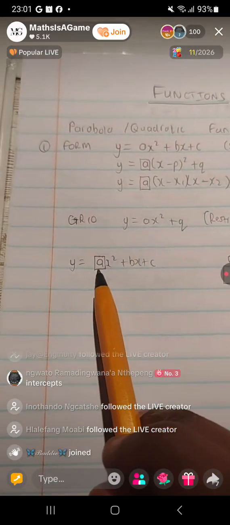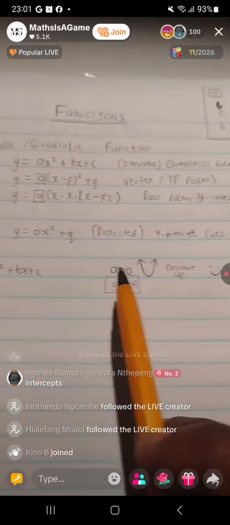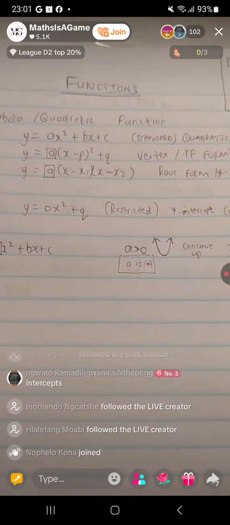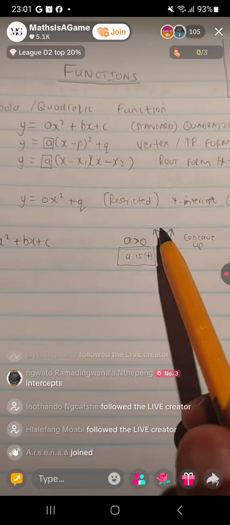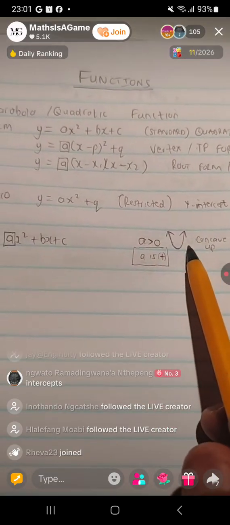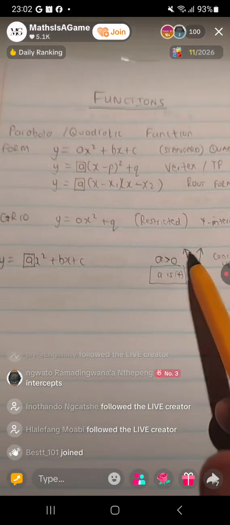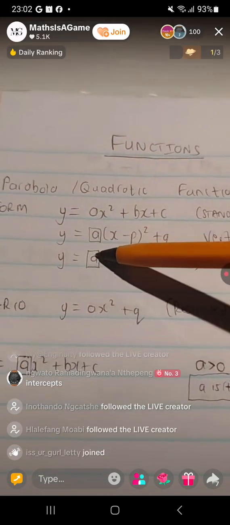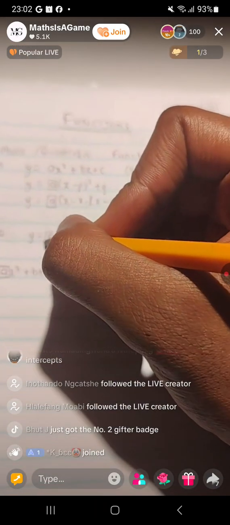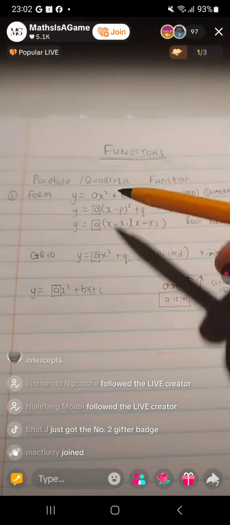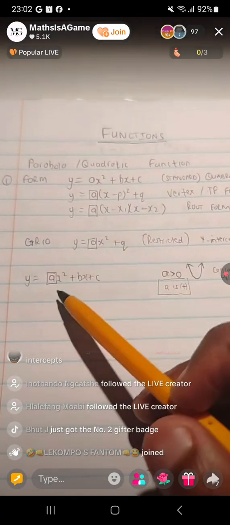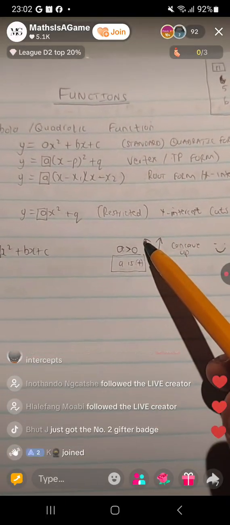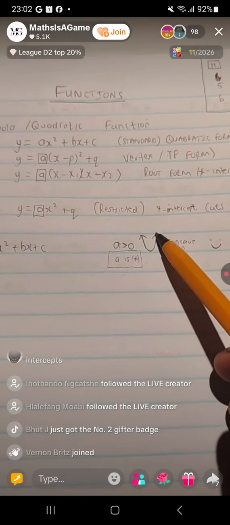So that's what this a value points us to when we are referring to the actual graphical sketch of the parabola. The parabola is concave up. So in all situations, when a is positive, the parabola is concave up. In other words, it's smiling.